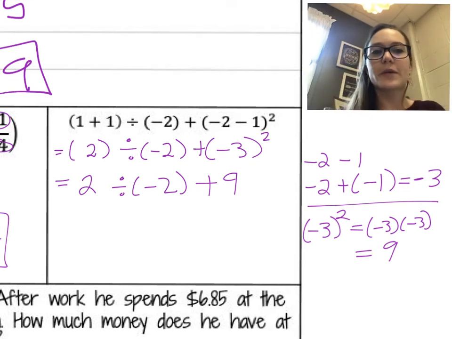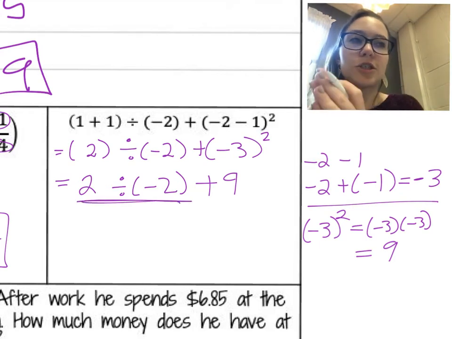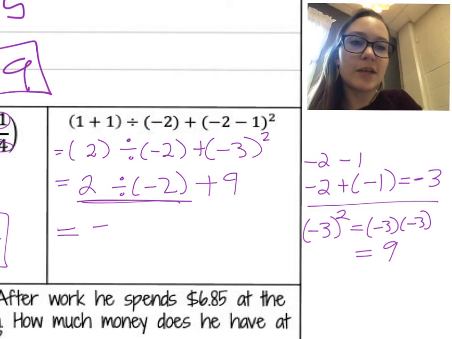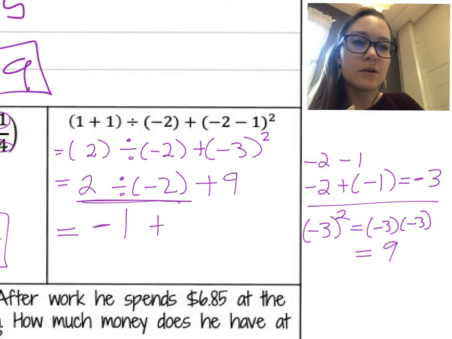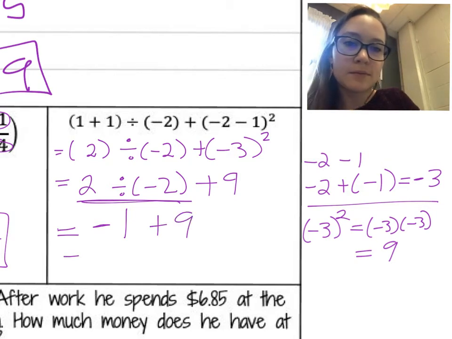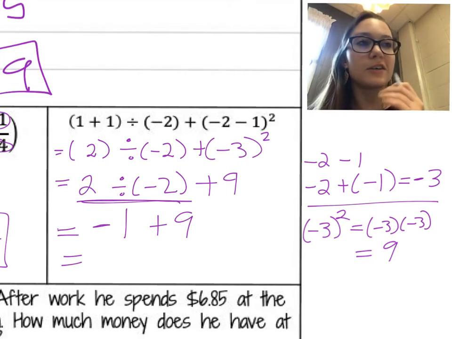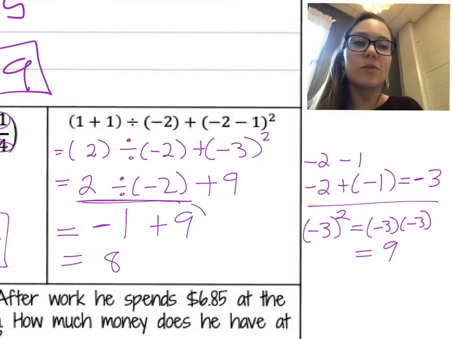Now I'm going to do multiplication or division from left to right. Here's 2 divided by negative 2. A positive and a negative is going to be negative. 2 divided by 2 is 1. So negative 1 plus 9. Okay, 1's negative, 1's positive. My addition rules tell me to subtract. 9 minus 1 is 8. And we keep the sign of the bigger number, which is 9, and it's positive. So positive 8.